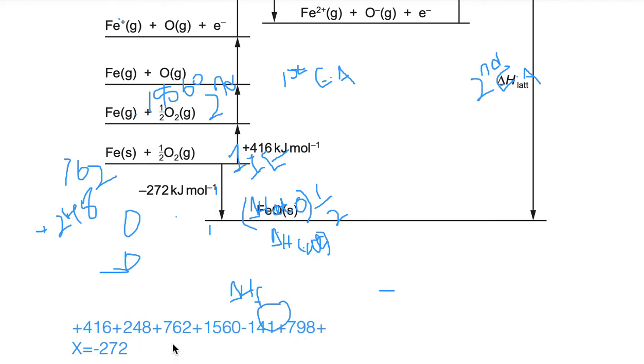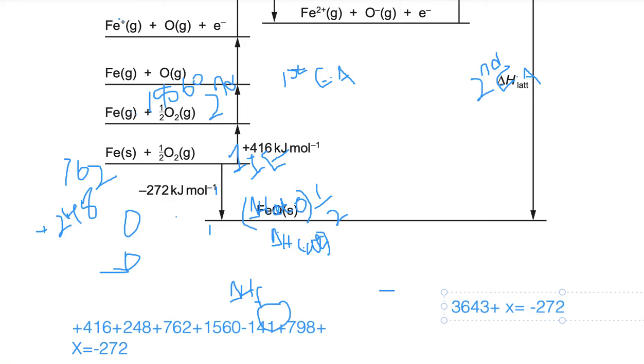so we add all of them. So 416 plus 248 plus 762 plus 1560 minus 141 plus 798, which becomes 3643. So 3643 plus x is equal to minus 272.